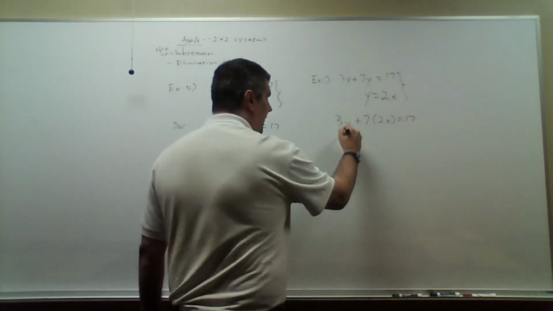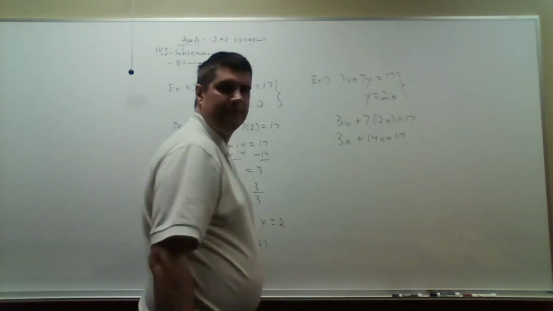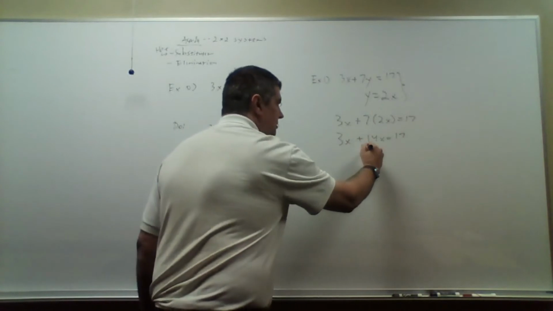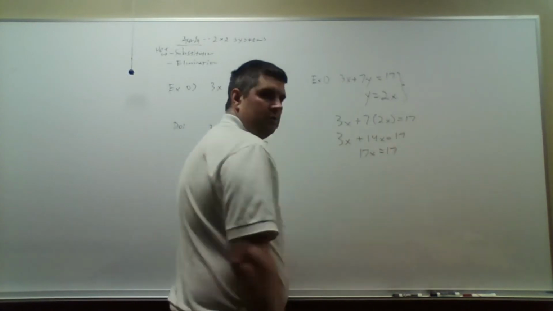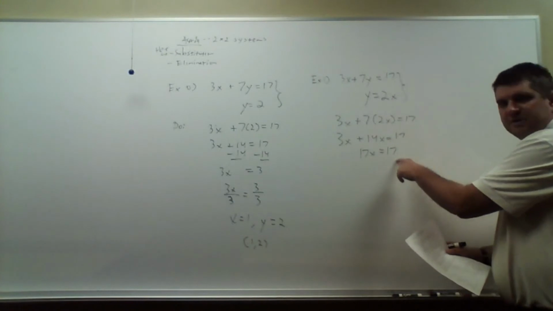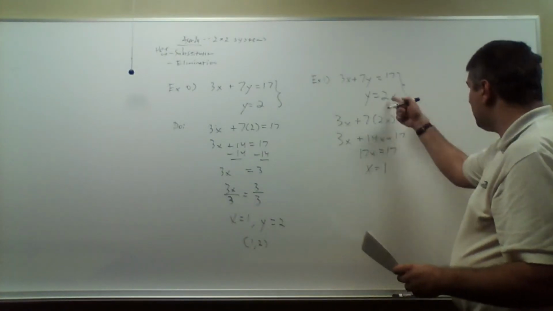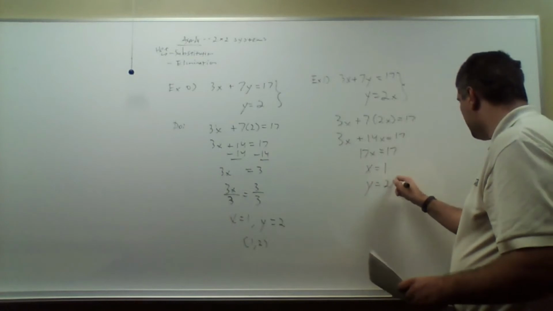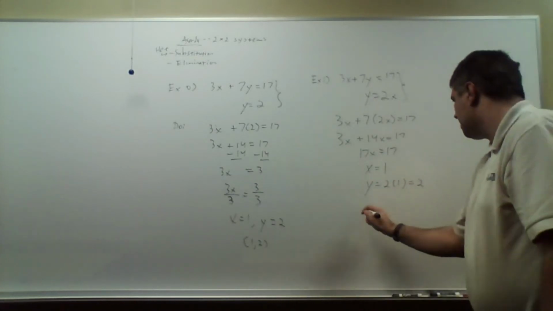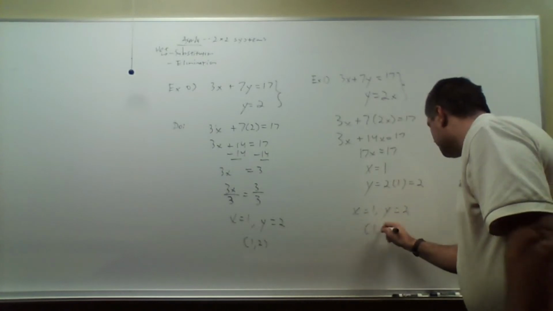That's going to give you 3x plus 14x equals 17, which gives us 17x. Divide off the 17, x equals 1. And y equals 2 times 1, which is 2. So x equals 1, y equals 2. 1, 2.